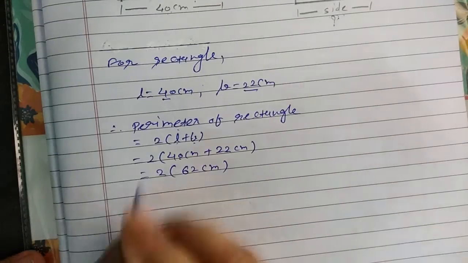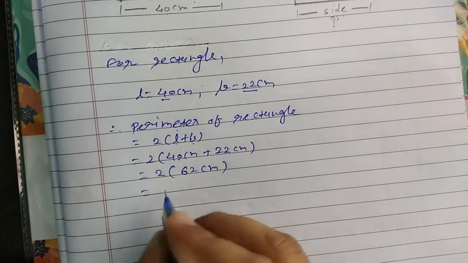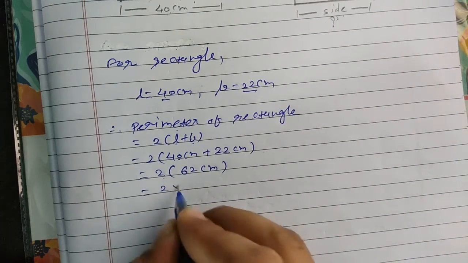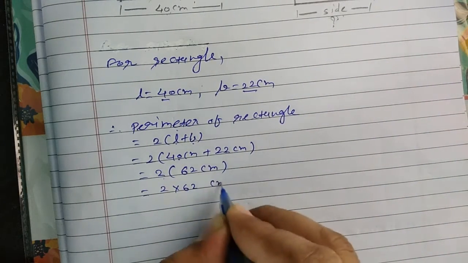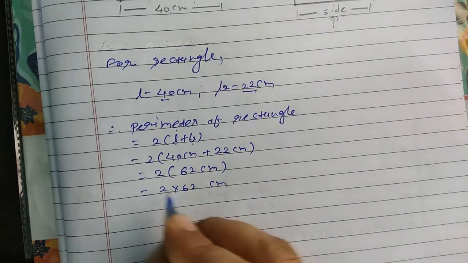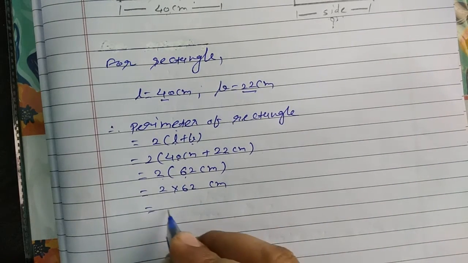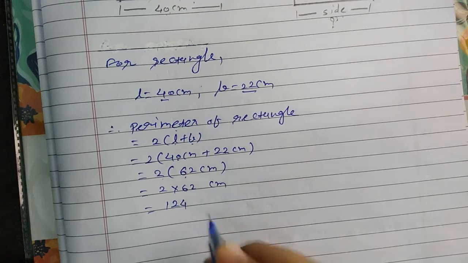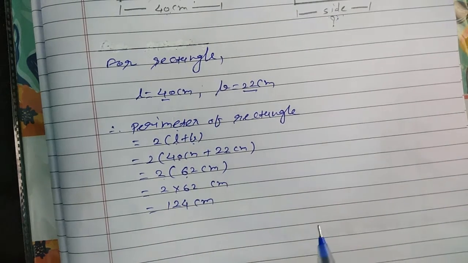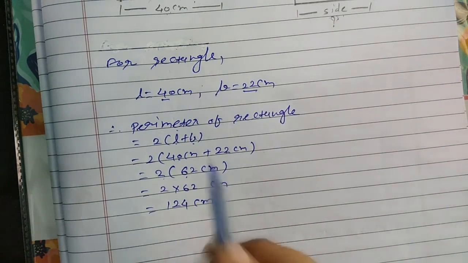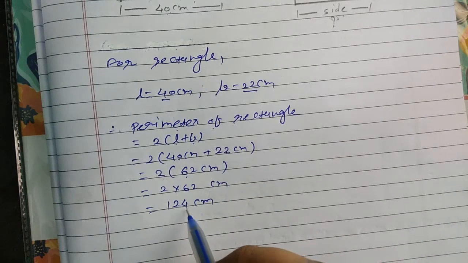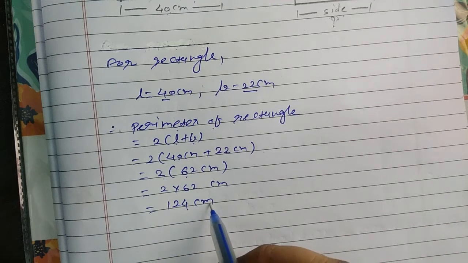Then 2 multiplied by 62 is 124 centimeter. So here we have found the perimeter of the rectangle, that is 124 centimeter.